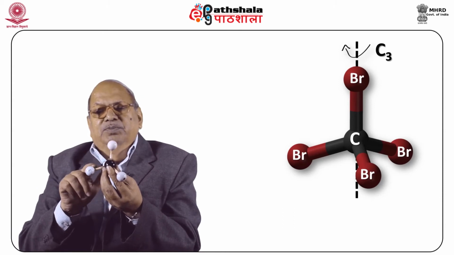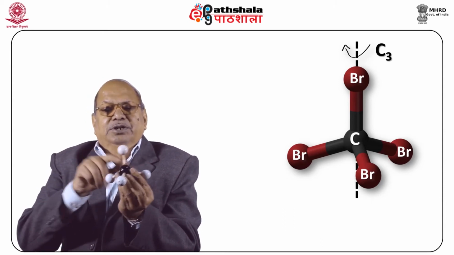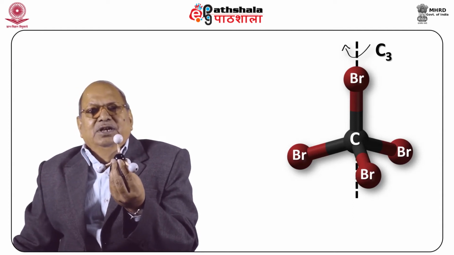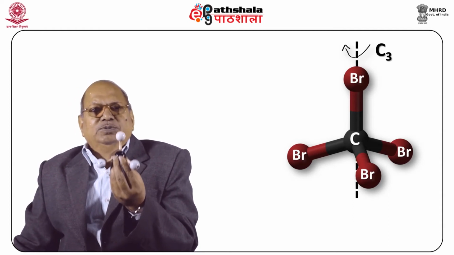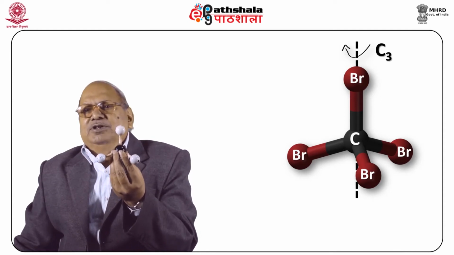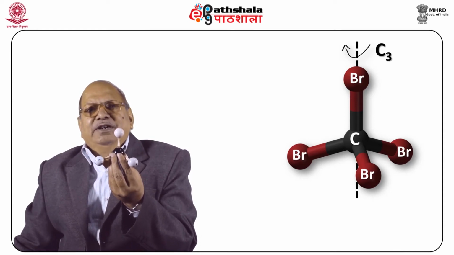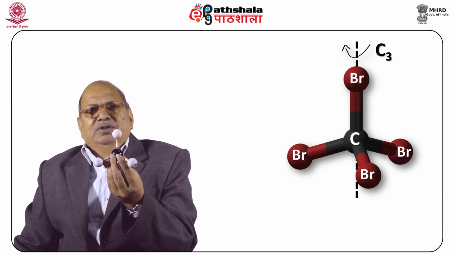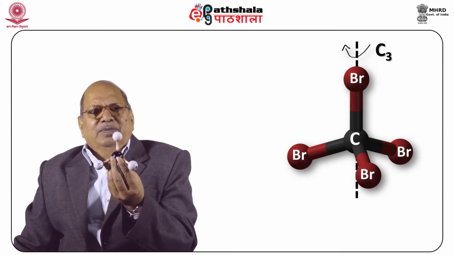CBr1, CBr2, CBr3 and CBr4. I have 4 bond vectors, and I can make use of these 4 bond vectors as the basis for representation. Bond vectors as the basis for representation is very, very important in further molecular applications that we will see later on, that is bond stretching, etc.